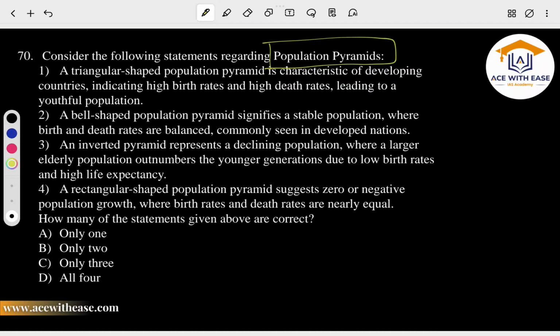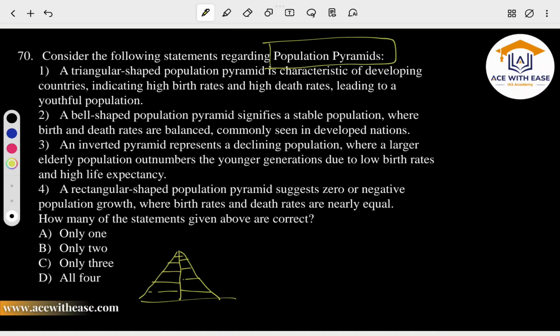Because we have a large amount of youth, when we draw male population and female population, we have a triangular shape, with a large young population compared to the older populations. Second, a bell-shaped population pyramid signifies a stable population where birth and death rates are balanced, commonly seen in developed nations. Yes, this is a correct statement.